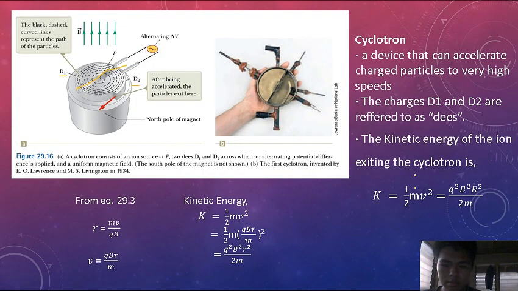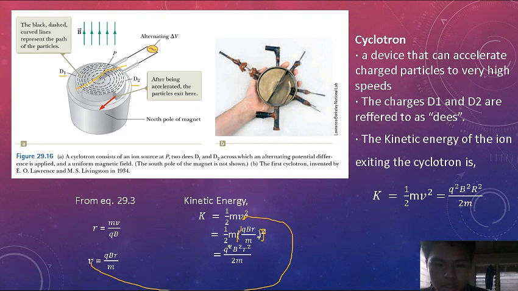Since we know that v is equals to qBR over m, from equation 29.3, you can substitute it into the kinetic energy.